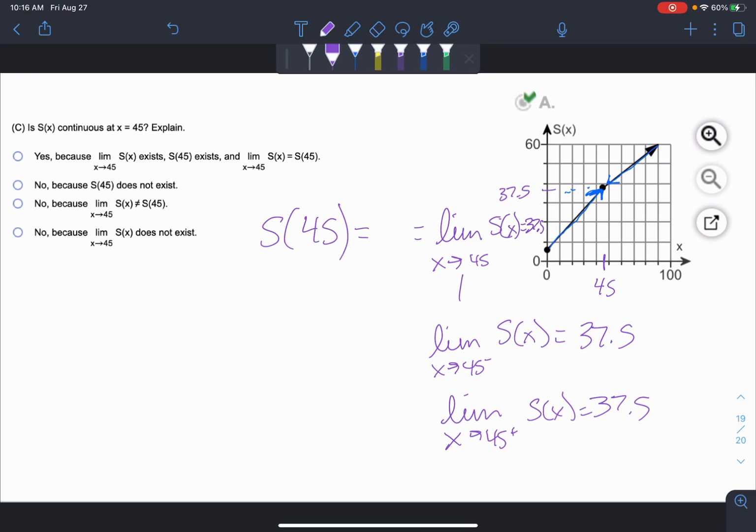And what is my s of 45? All we do is look up or down. Here we're looking up till we hit it, over to the left, 37.5, so they are all equal. And so yes, it is continuous because of all those reasons that we just went through.